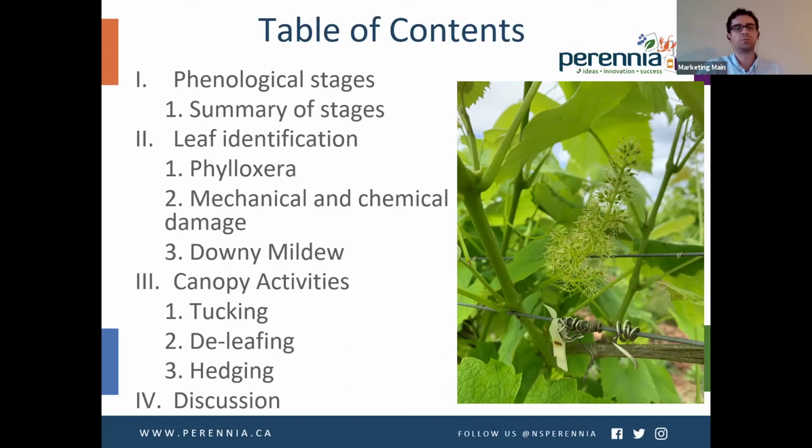So just keep that in mind. And canopy activities, we already discussed in our previous session about tacking, but I will also include leafing and hedging. And we will finish with the discussion between Steve and Marcel to try to take a little bit of each topic.